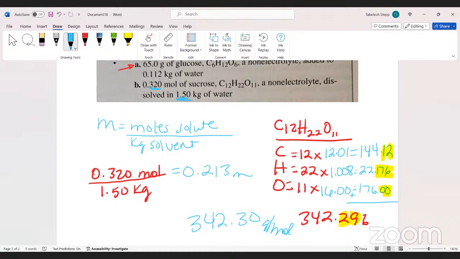The same thing for over here with this number, where we have 0.320 divided by 1.50. So I'm going to plug that back in just to show you all something. 0.320 divided by 1.50. Okay, so you see you have all these numbers, right? If you plug all those numbers in on your test, your teachers are going to mark it wrong, or they may give you partial credit because they're thinking you did not use the correct number of significant digits.